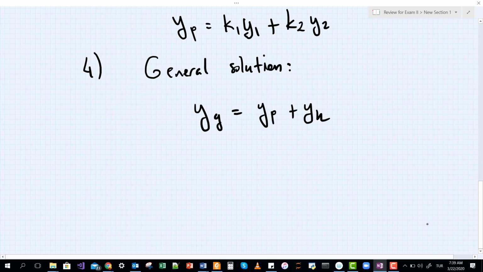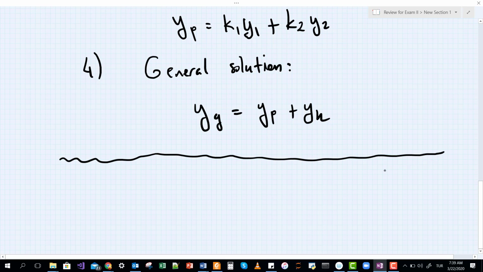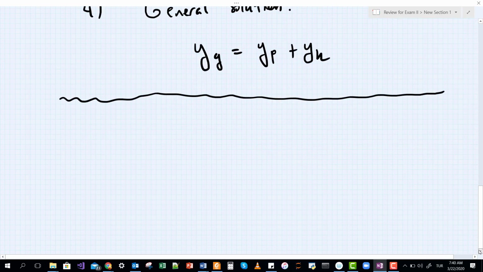So these four rules actually are our main rules. There are no other rules. You need to use just these four rules to be able to solve every problem when you are given second order differential equations, as long as you have these types of functions on the right-hand side.